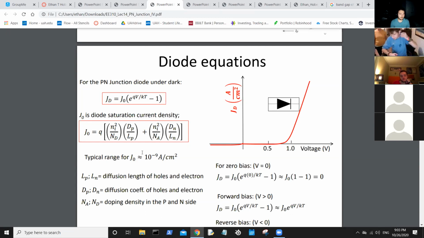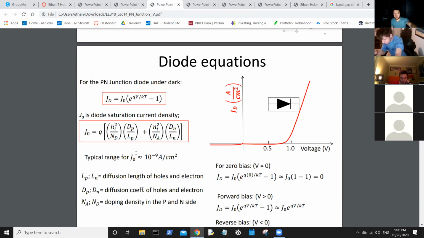So now if we look at this, your ni squared over Nd and your ni squared over Na, that's some number. Your D, some number, over the square root of D tau n. So the higher your tau n is, the lower your current will be, right?